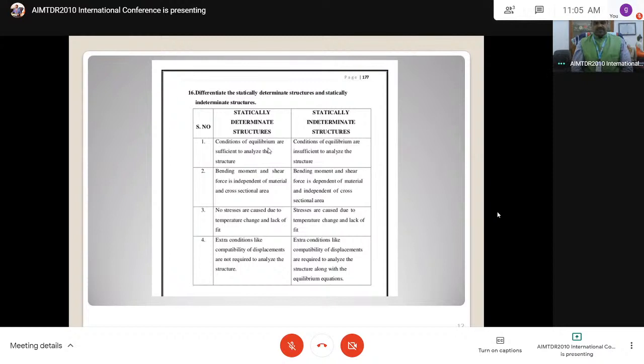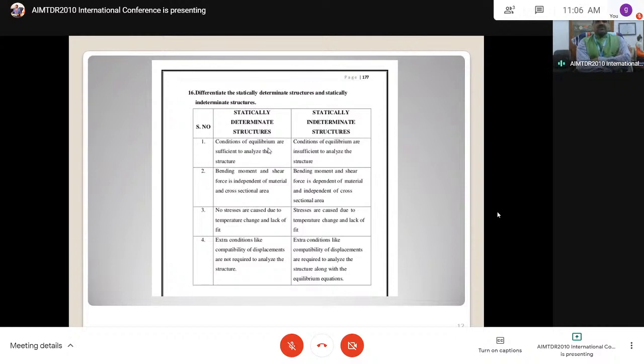Whereas the last condition is: extra conditions like compatibility of displacements are not required to analyze the determinate structure. Here, extra conditions like compatibility of displacements are required to analyze the structure along with the equilibrium equations.